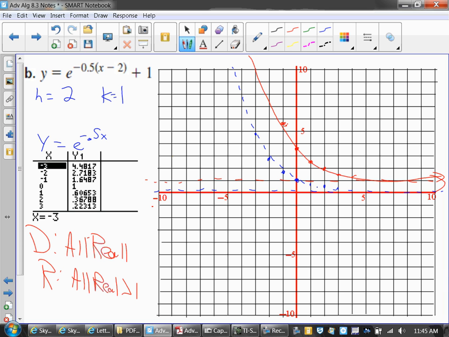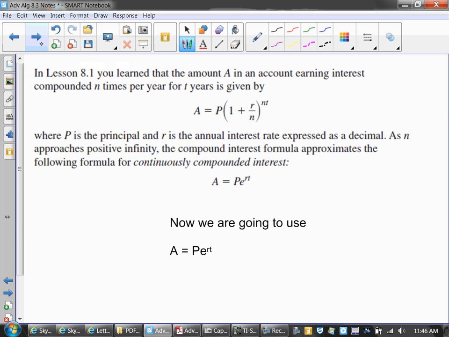Okay. So now, the whole idea of using the letter e, except for singing great snappy tunes, is for word problems. And if you are in econ, you have probably seen this before. The PERT formula.